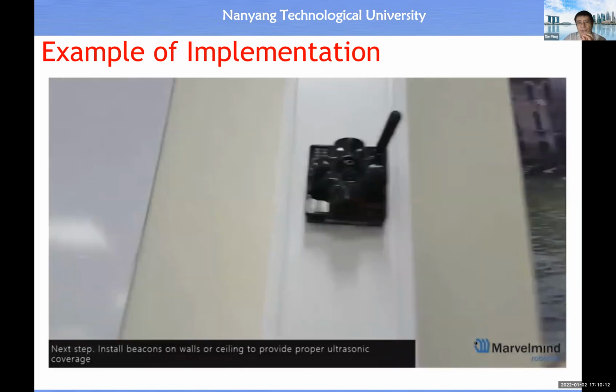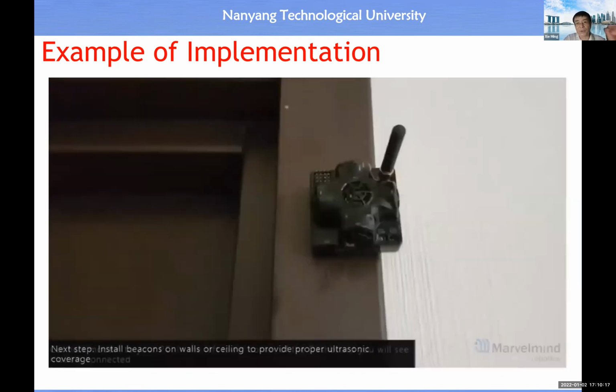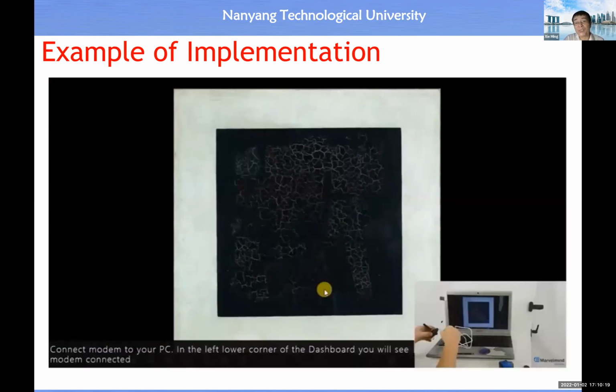Then you see, they place the emitters at fixed locations, or at locations in which the XY coordinates are known in advance.